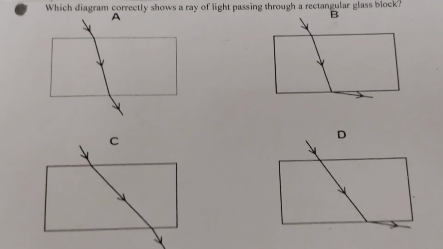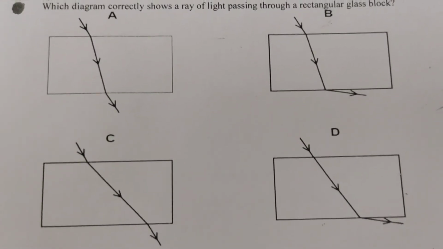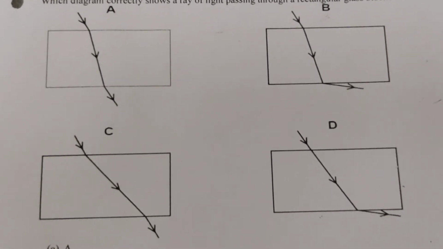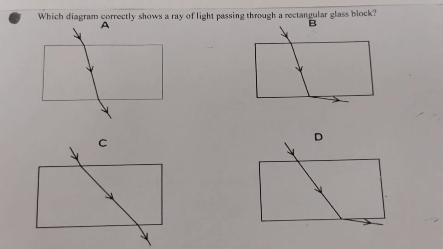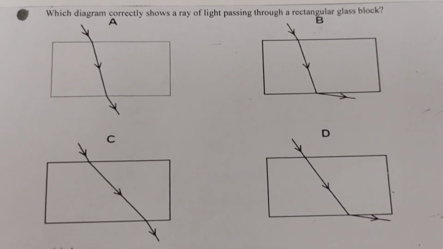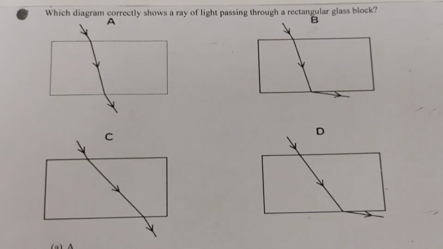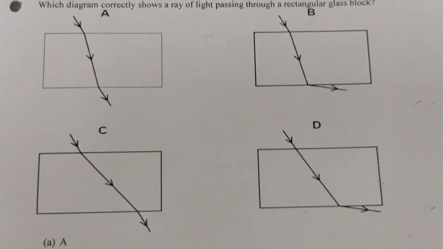Okay? And when it comes out of the slab, it is again moving from denser to rarer medium as it is moving from glass into air. So it should move away from the normal. And if you remember the refraction of light through a glass slab, this topic we have covered earlier, we know that incident ray is always parallel to emergent ray.